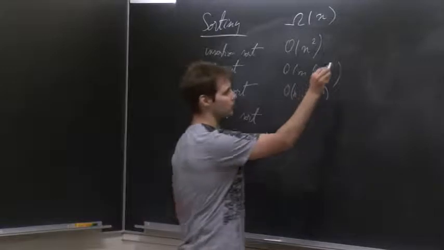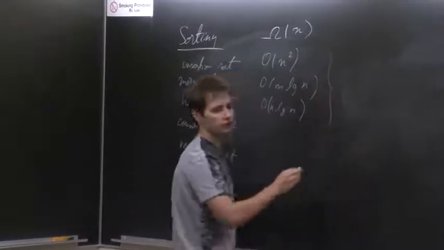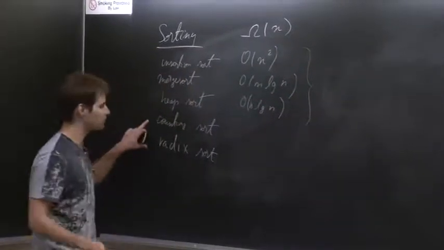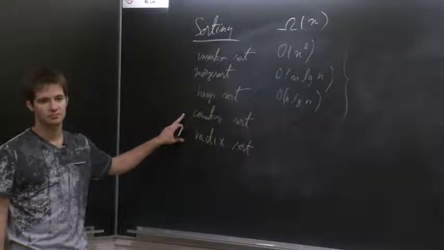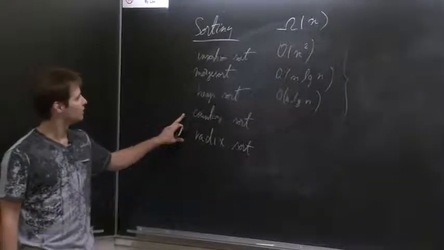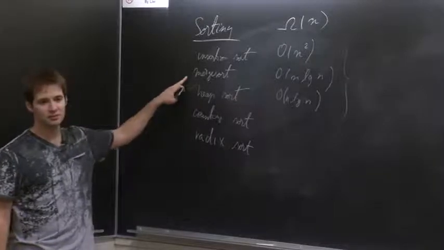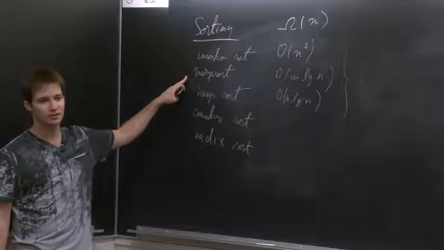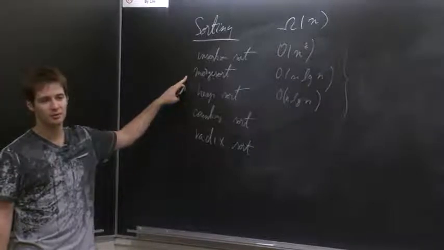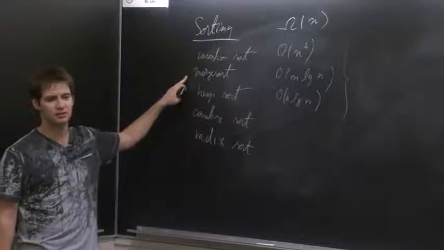Does anyone remember what's special about these three sorting methods that does not apply to the other two? They're in place. Merge sort isn't quite in place. If it were in place, it would be perfect. There is actually a way of making an in-place merge sort, but it requires a PhD to understand.